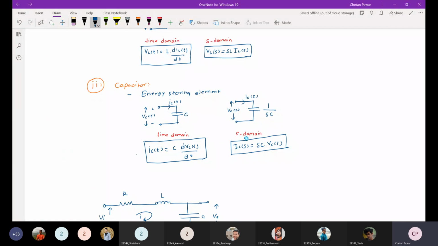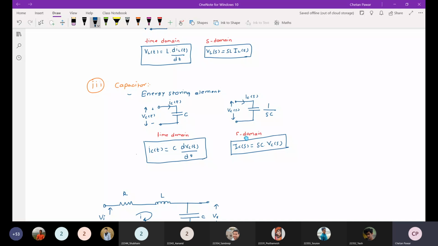So if we apply the LT to this, in the S domain, what will happen? We are taking the differentiation in the time domain, so in the S domain we multiply the LT of that signal by S. So the current flowing through the capacitor in the S domain will be IC of S equal to SC VC of S. Like that you can represent the element in S domain, with 1 upon SC impedance.